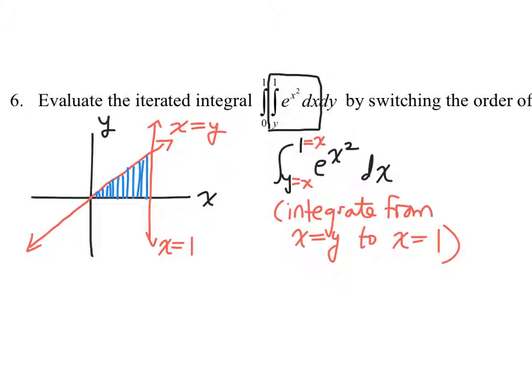So I'll do that in purple for those keeping score at home. So the next step in the process is to integrate, now this is with respect to y, from y equals 0 to y equals 1.